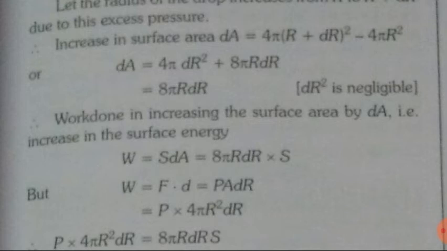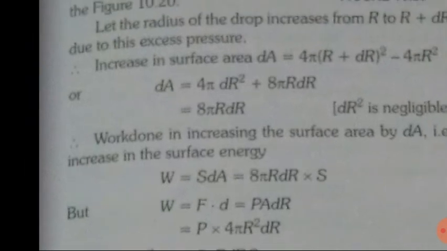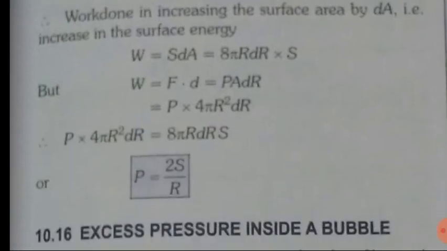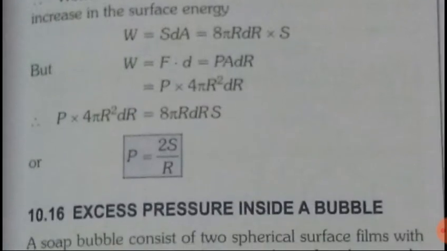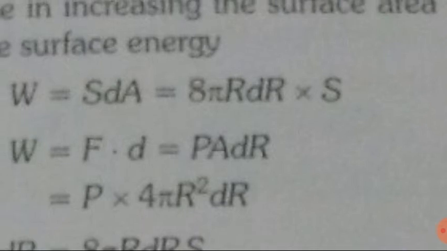From there we got the formula dA equals 8 pi r dr. After getting the increase in surface area, we derived the formula for work: in terms of surface area, 8 pi r dr into S.